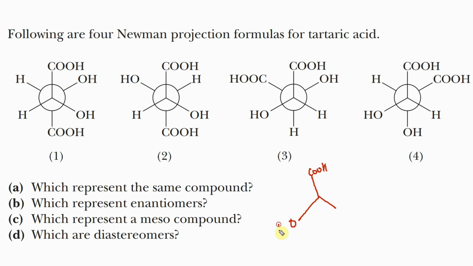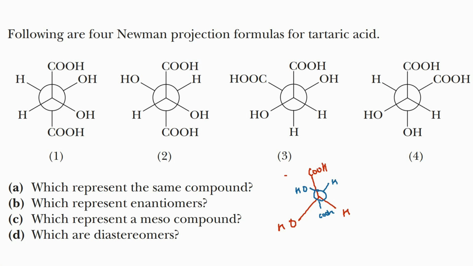COOH, OH, OH, correct? The front carbon. Now, maybe we can use a different pen. So taking the back carbon, OH is here, hydrogen here, COOH here, correct?